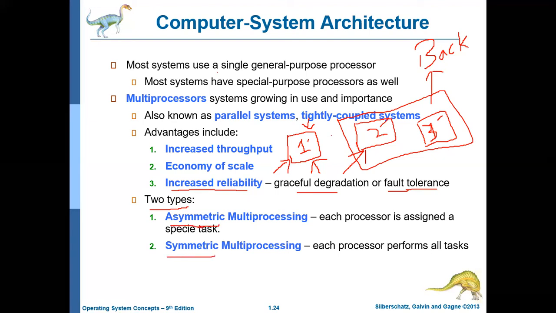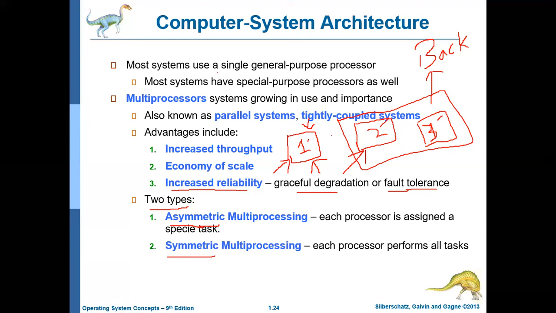In asymmetric multiprocessing, if you have, say, 3 or 4 processors, then one of the processors will act like a master and the other processors will act like slaves or workers. One processor acts like a boss and all the remaining processors act like workers.